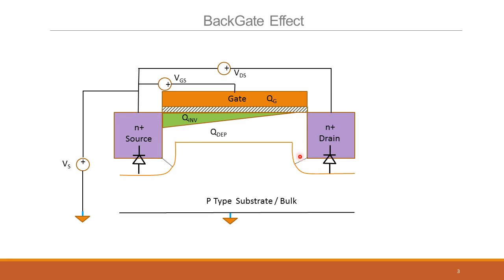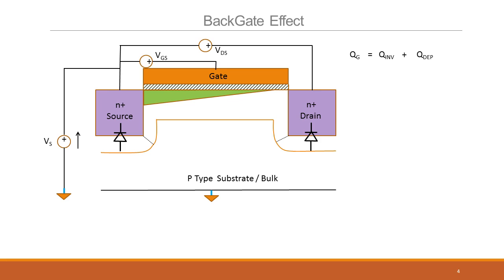So the Q depletion will just consider those which get affected by the potential at this surface here. So it will be in this region, and this region again, remember, do get impacted by the source and the drain as well. Now we know QG is equal to Q inversion plus Q depletion, and this is just the charge balance that we had before. Okay.